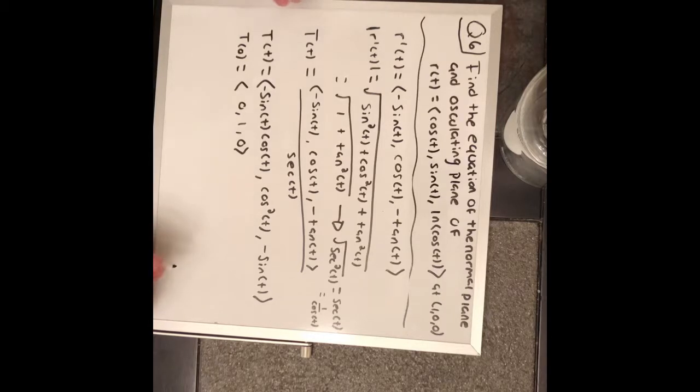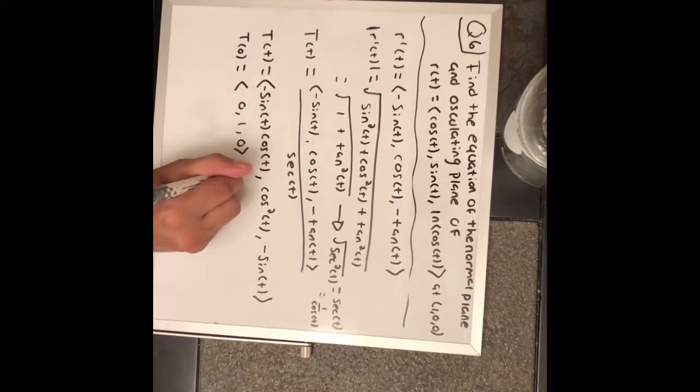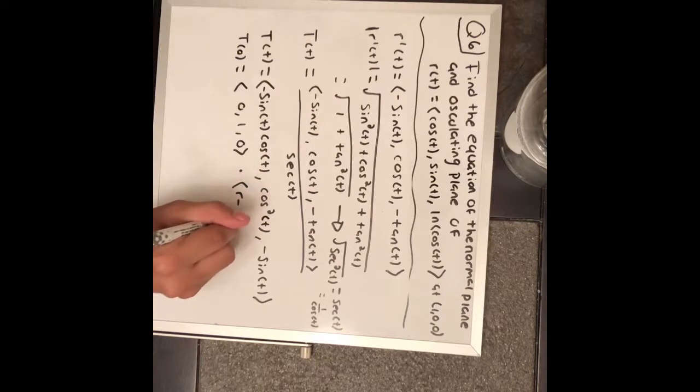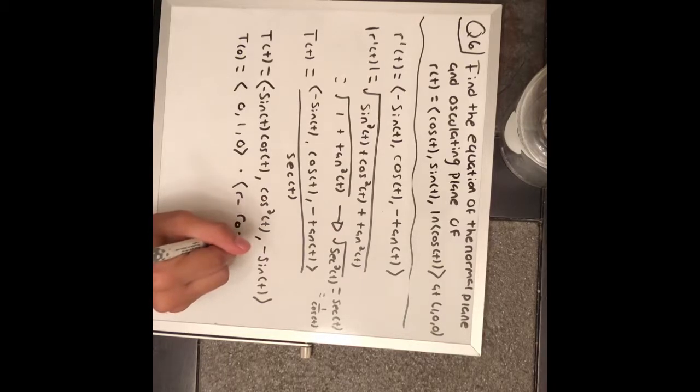Okay, and to find the equation of a plane, we will use a dot product: the tangent vector dotted with r minus r naught.